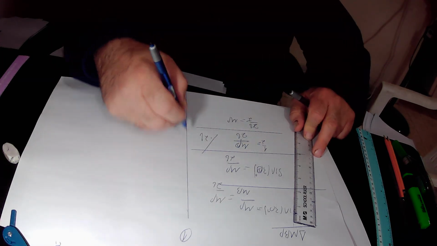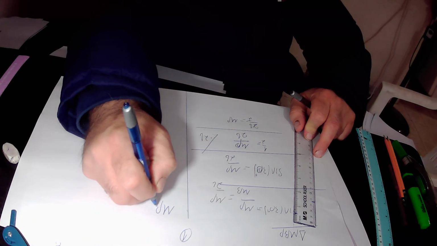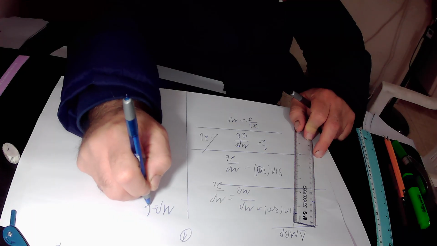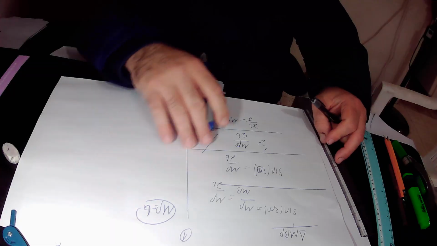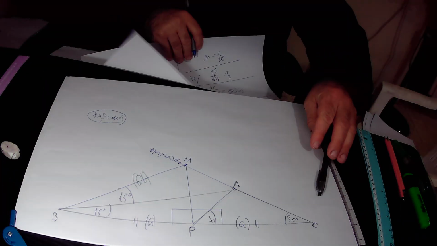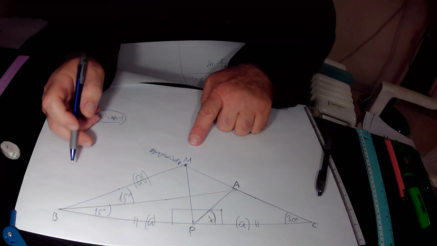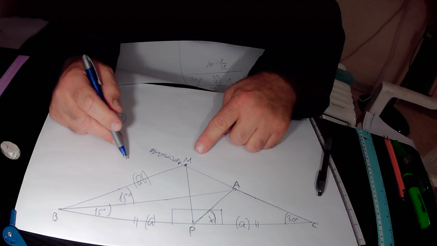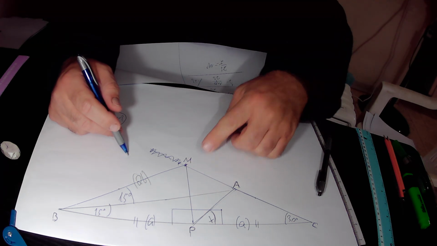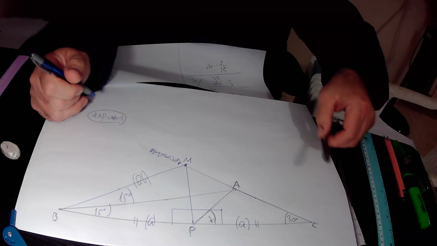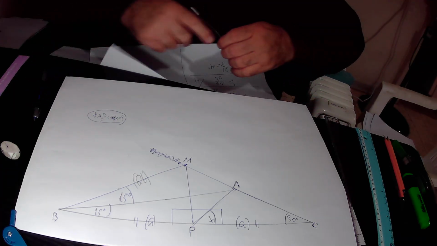Well, we found out that MP equals B. So in conclusion, you can say that if the hypotenuse MB equals 2B, then the perpendicular MP must be equal to B. Write it down. MP equals B.